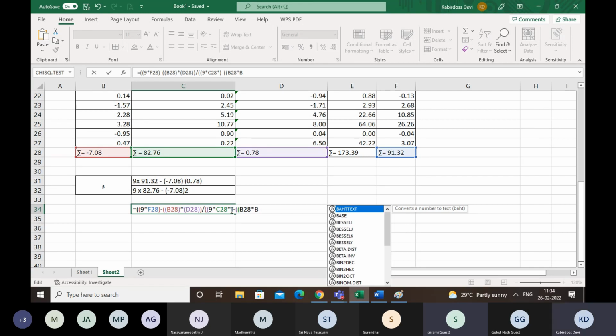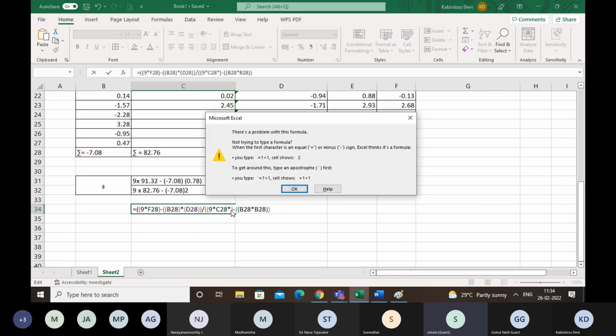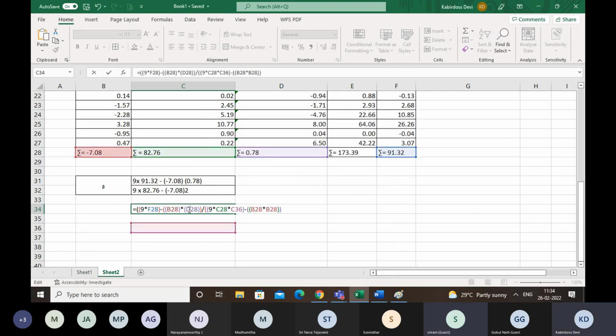It's not showing me. I'm sure this will show me an error. See, it's showing an error. Okay, anyway, you have done the answer, right?